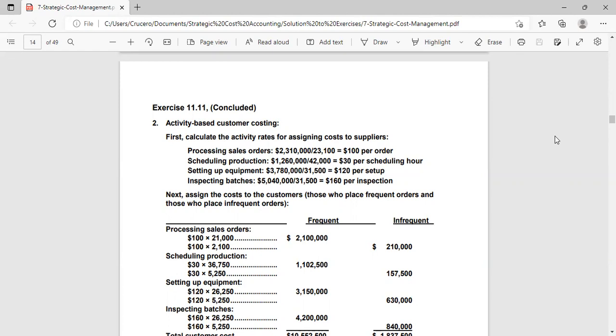For the scheduling of production, given is 1,260,000 divided by 42,000 scheduling hours, 36,750 and 5,250. So the number of scheduling hours is 42,000. So that's $30 per scheduling hour.